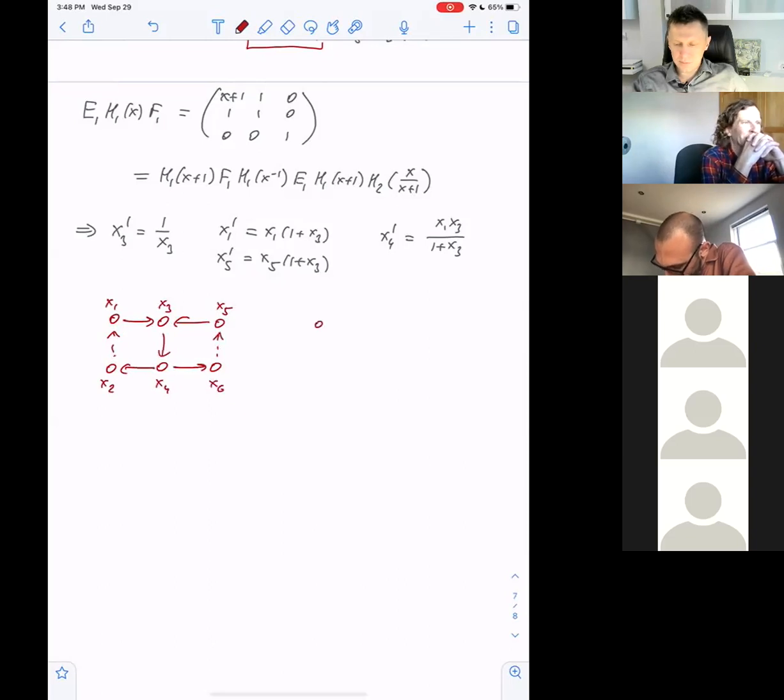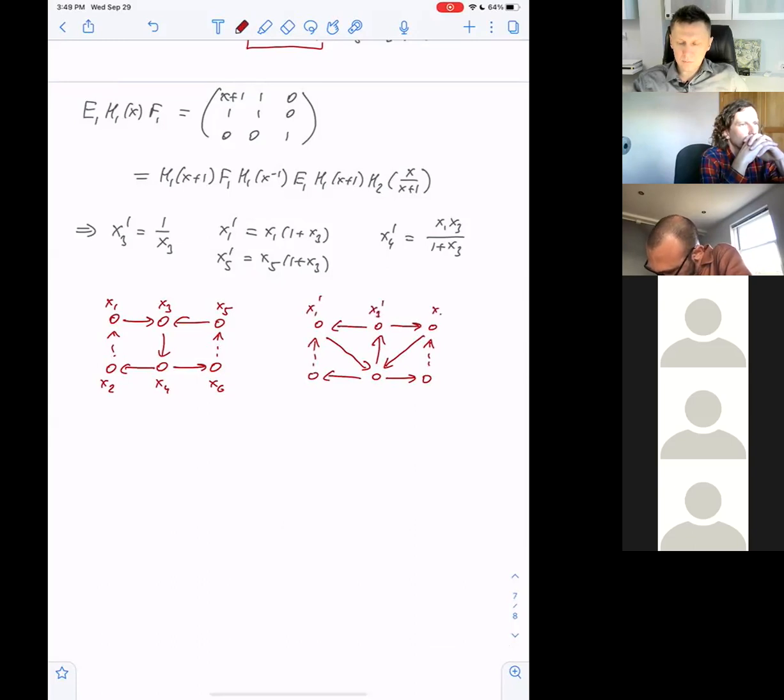And now we got a quiver like this. So it goes here, and this goes here, and this goes here. This goes here, this goes here. Sorry, so this is x1 prime, x3 prime, x5 prime, x2 prime, x4 prime, x6 prime.